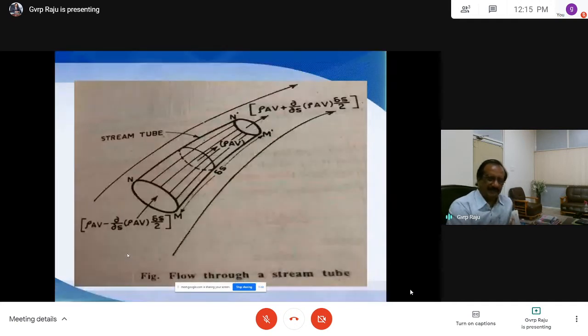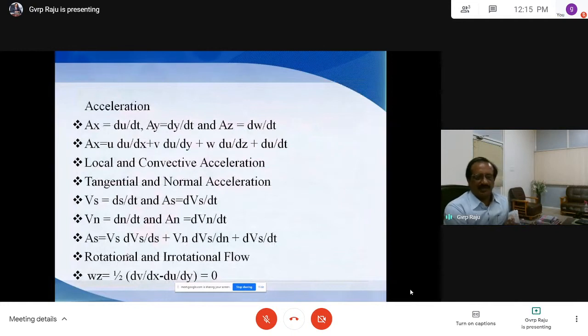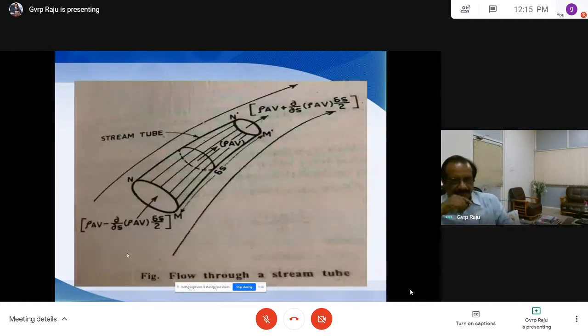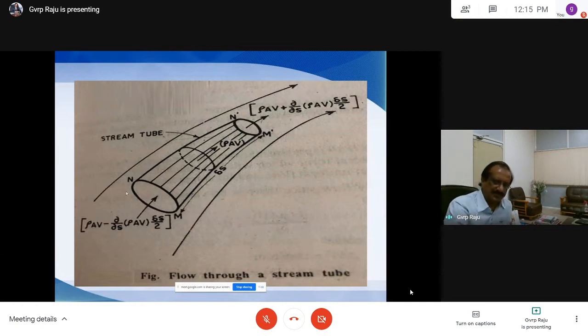A simple procedure again. For finding the one-dimensional continuity equation, we'll be using a stream tube. I told you a stream tube is a group of streamlines enclosed in a small curve.